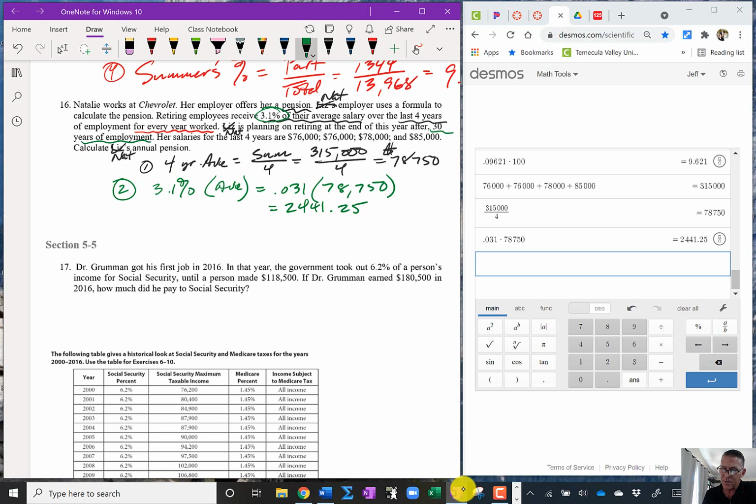And this is what she's going to retire with every year for the rest of her life in retirement. So we're going to take 30 times $2,441.25. And look at that. She's going to retire with $73,237.50 per year. Not bad, okay?